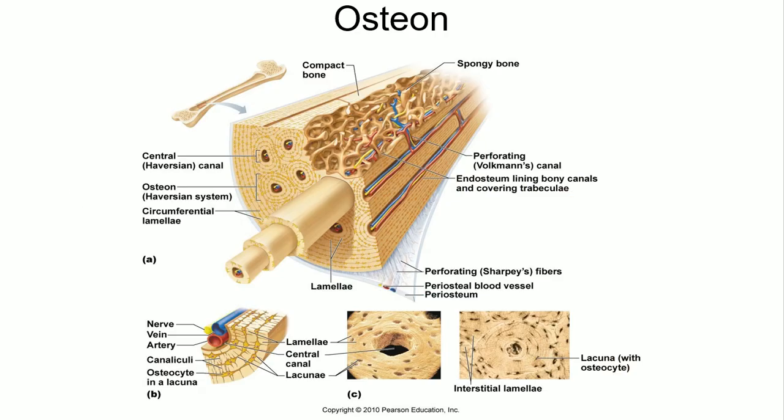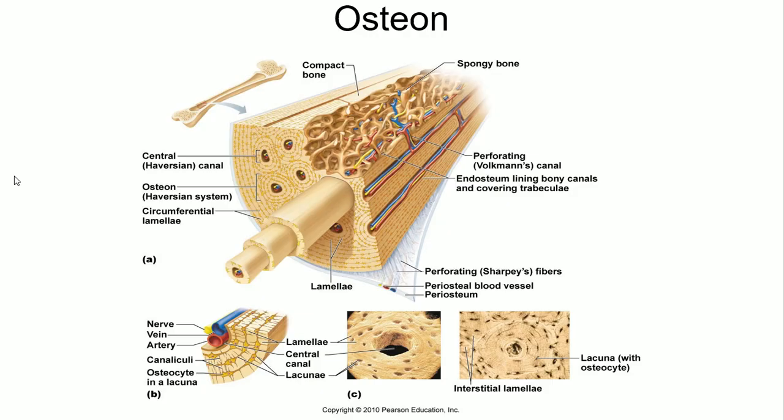Okay. So an osteon. This is a fundamental functional unit of compact bone that we call a Haversian system. So this right here, that's an osteon or a Haversian system.